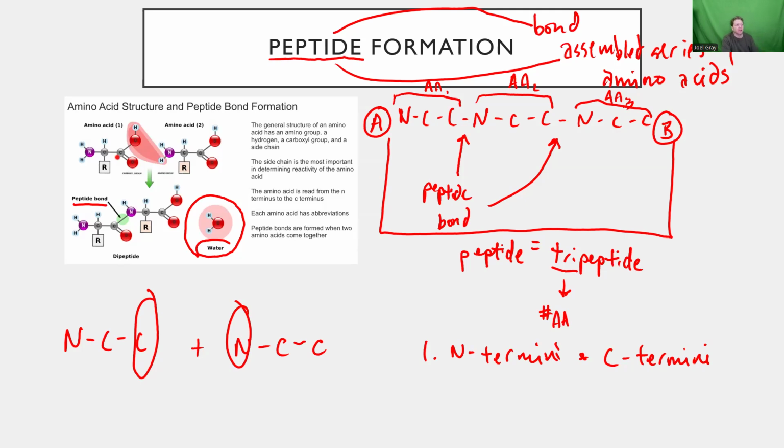This nitrogen has H, H, H plus, but that nitrogen is not involved in a peptide bond. So this B, where I just labeled that B, is known as your C termini.